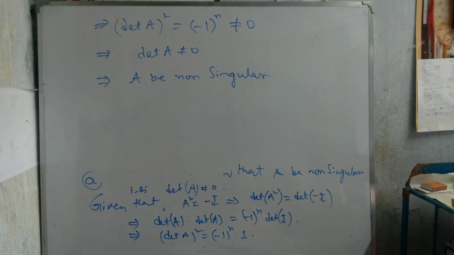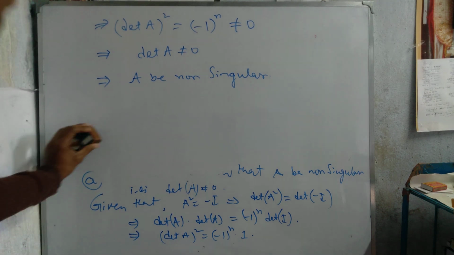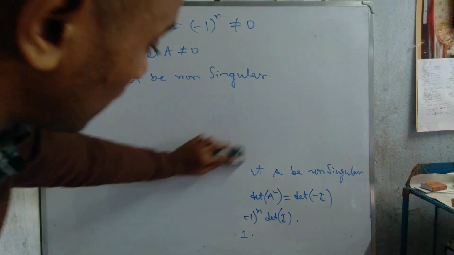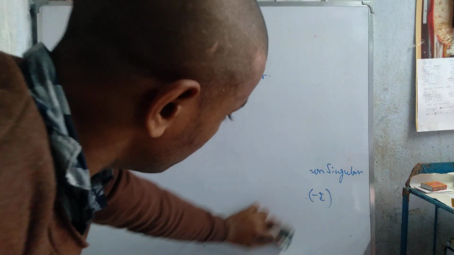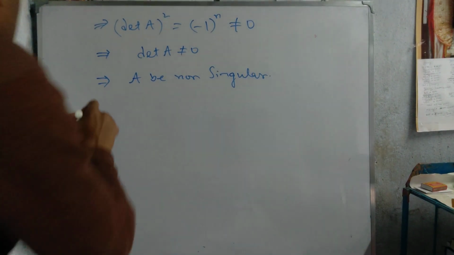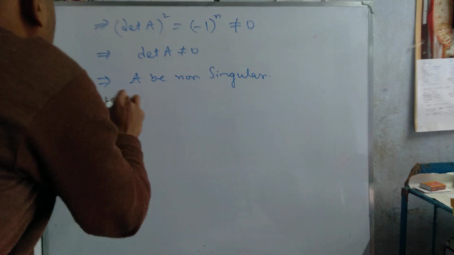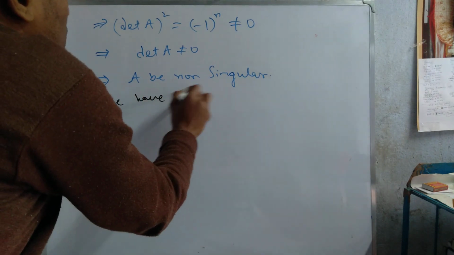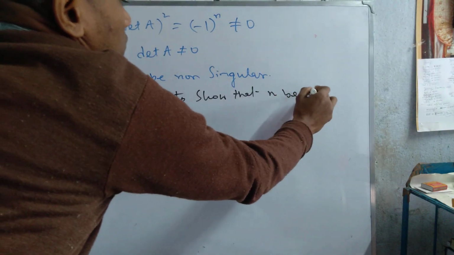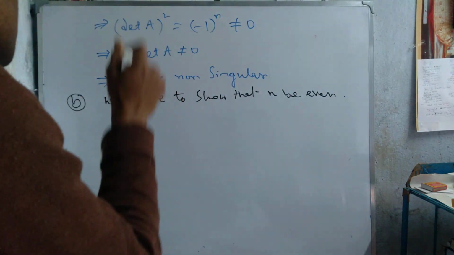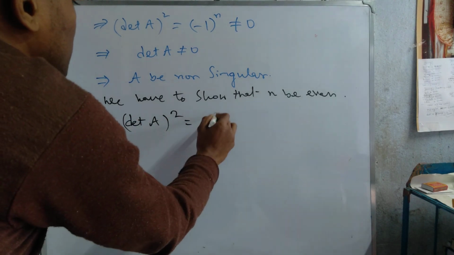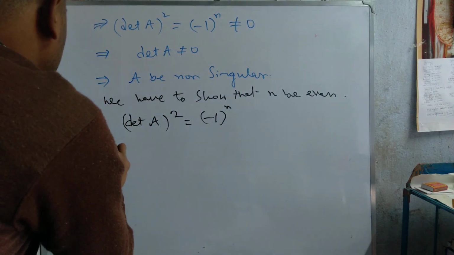We're going to the next question. This question is about n. We have to prove n is even. We know from the first part that det A square equal to minus 1 whole to the power n.